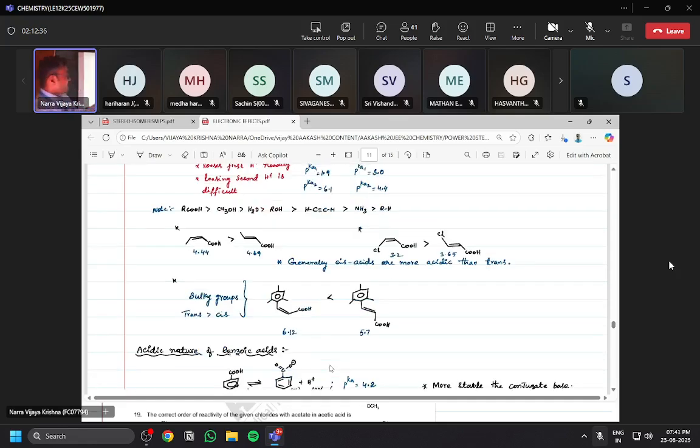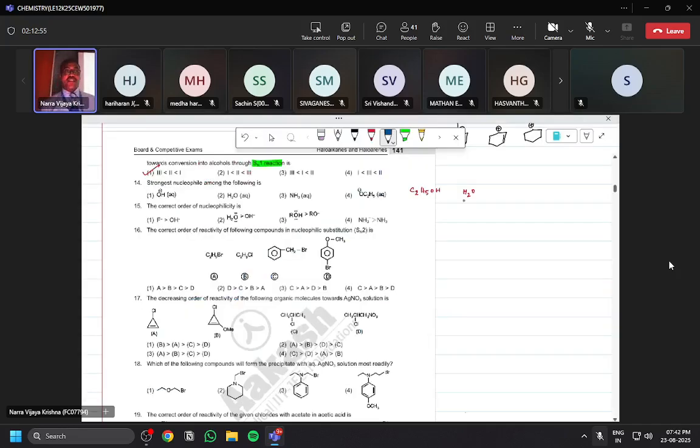See, note: all carboxylic acids are more acidic than methanol. Methanol is the only alcohol more acidic than water. Water is more acidic than all alcohols. So among water and ethyl alcohol, which is more acidic? If it is more acidic, then its conjugate base is weak. So OH minus is the weaker base.